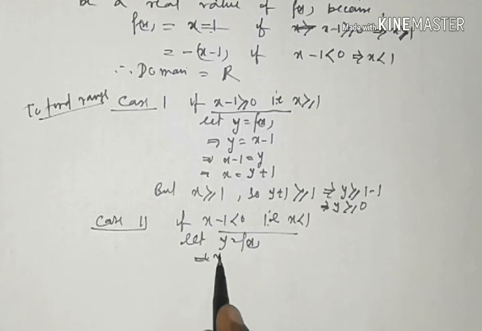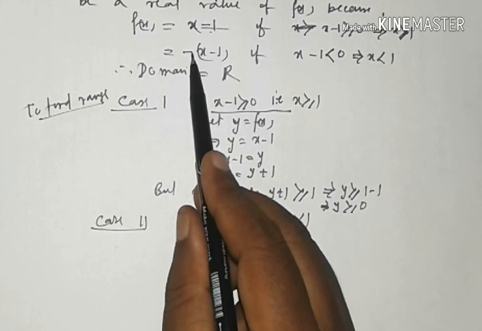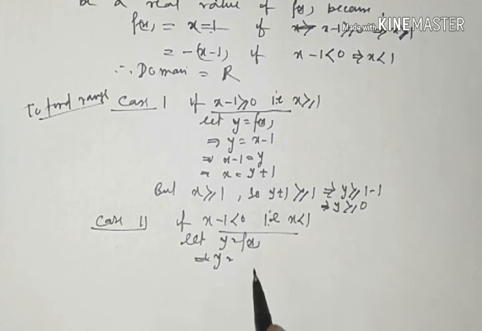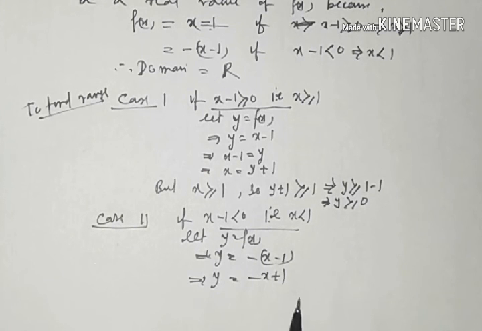This implies y = -(x - 1), so y = -x + 1. This implies x = 1 - y.